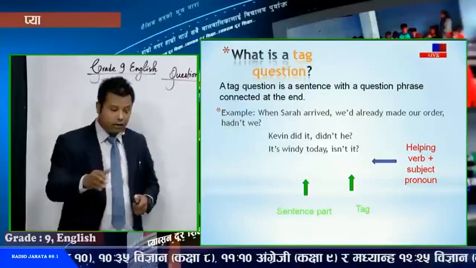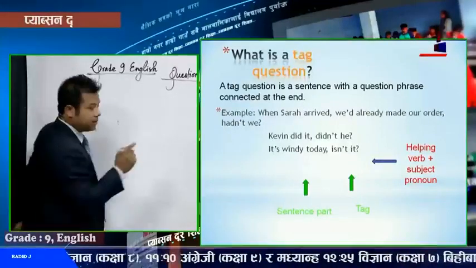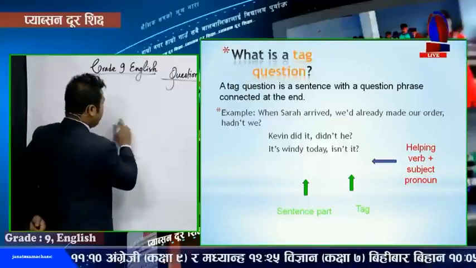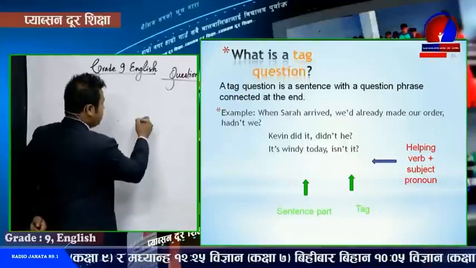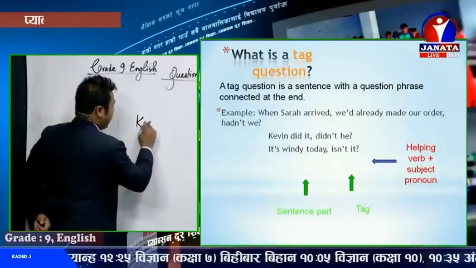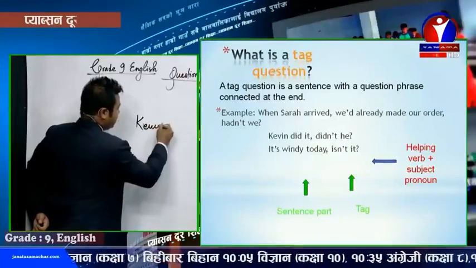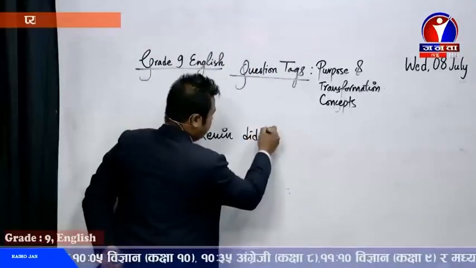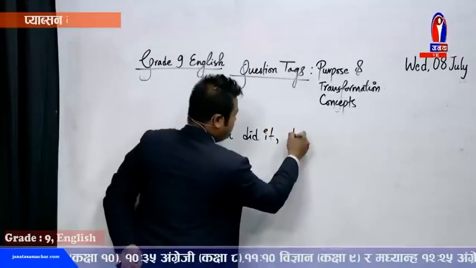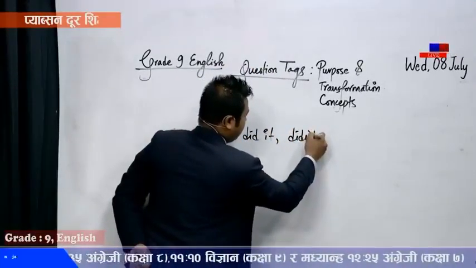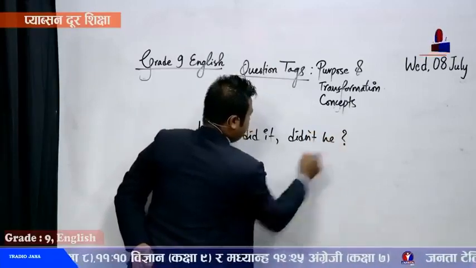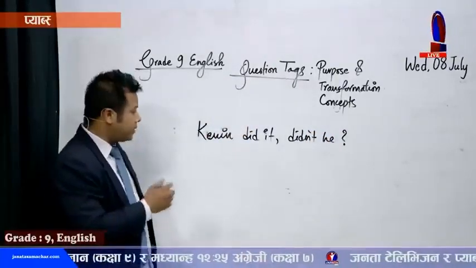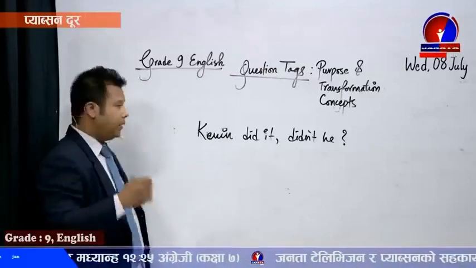Now, you've got to understand, let's pick up one sentence from it and try to understand what is tag. So this is Kevin did it. And the tag that we have been learning is like, didn't he? So look at the sentence. Kevin did it, didn't he?